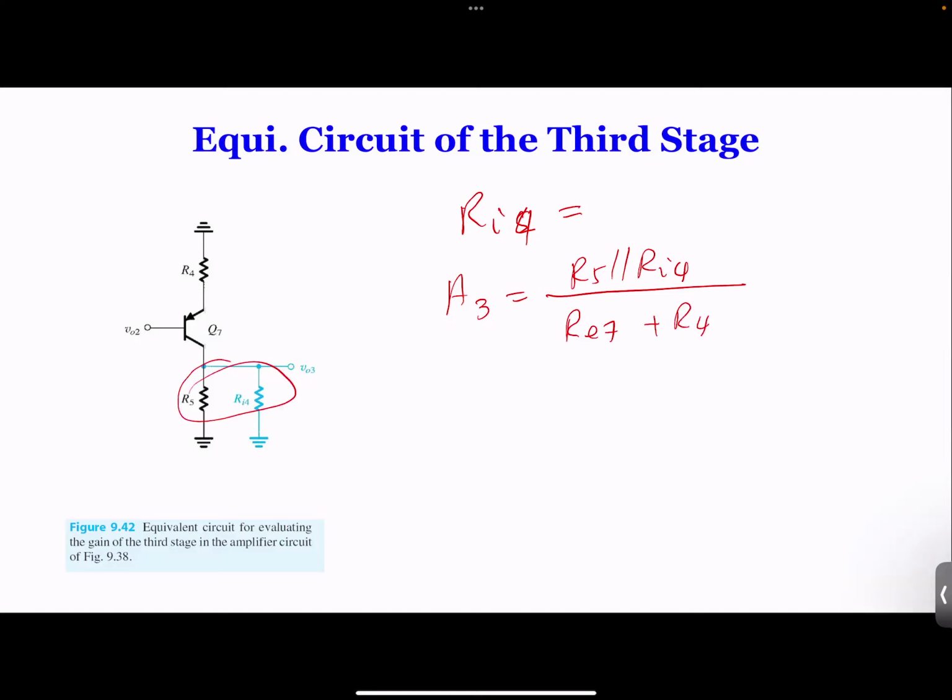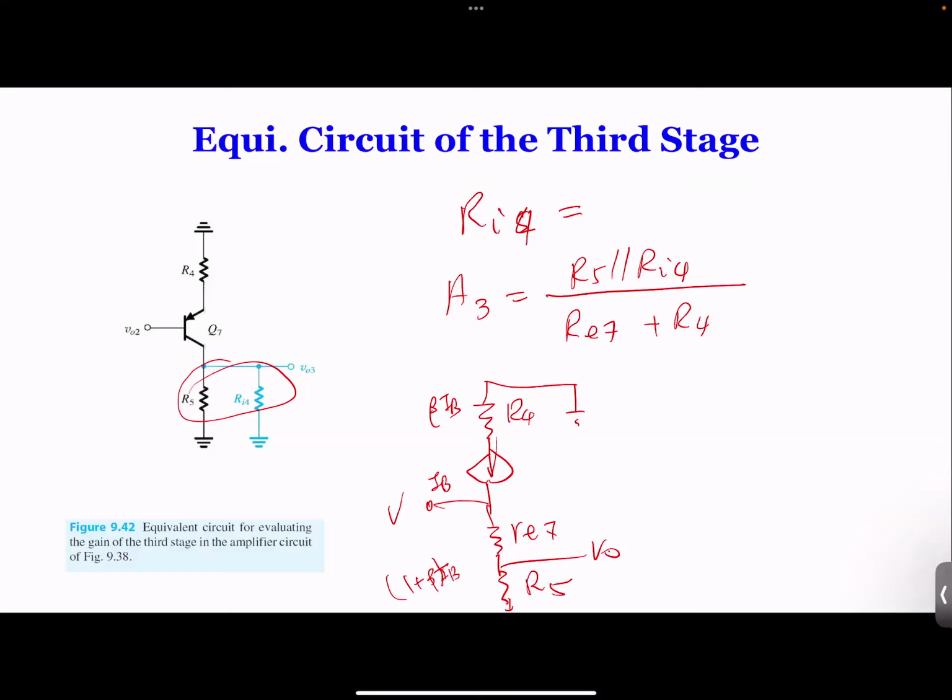If you draw the circuit, it will look like this. Remember, this is your output, this is your RE7, this is your R5, this is your R4, and this is your input. From this circuit, you have IB here, you get beta times IB, and this is (beta plus 1) times IB.